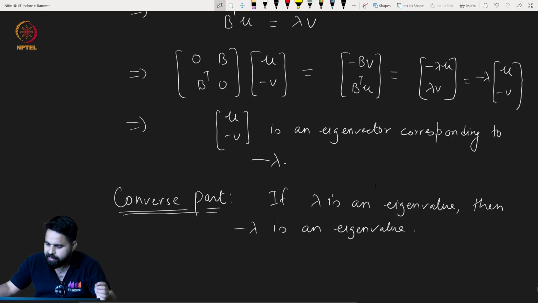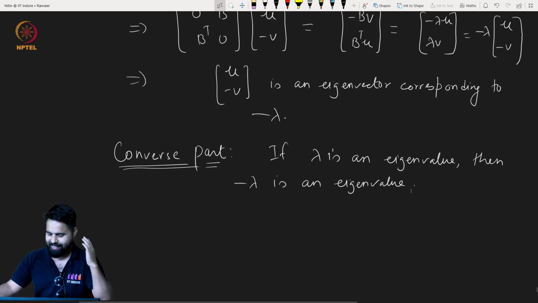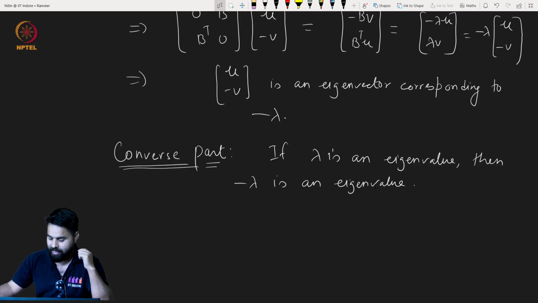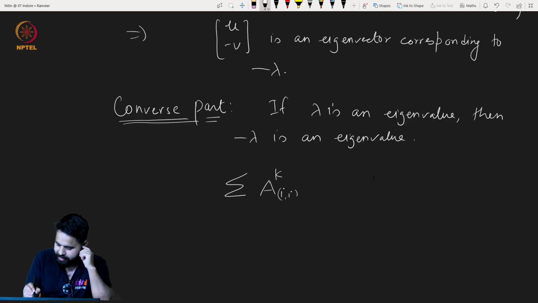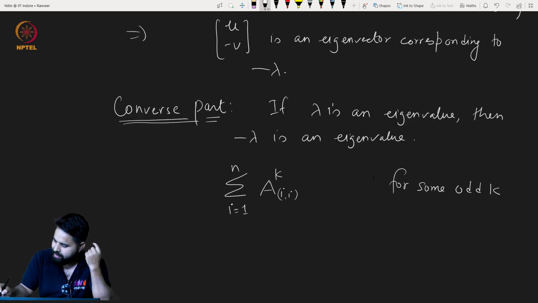Let us count the number of closed walks of some length which is odd. Basically I want to count, let us see what will be this quantity: the sum of A to the power k, entry ii, over i from 1 to n, for some odd k.